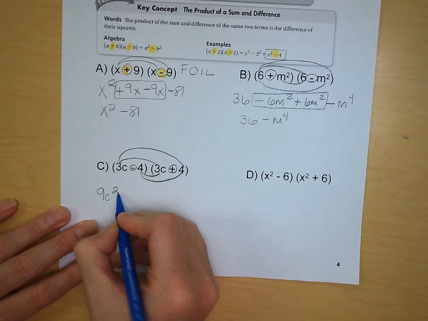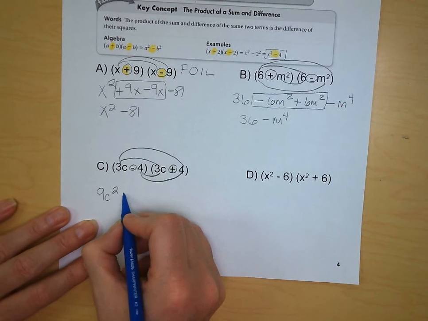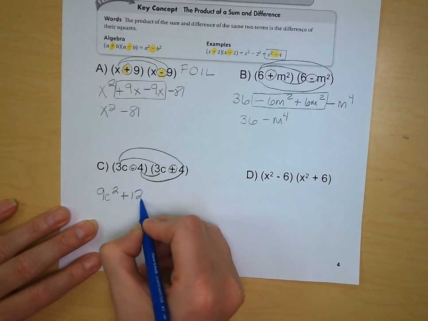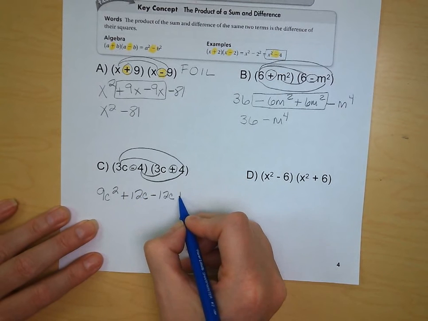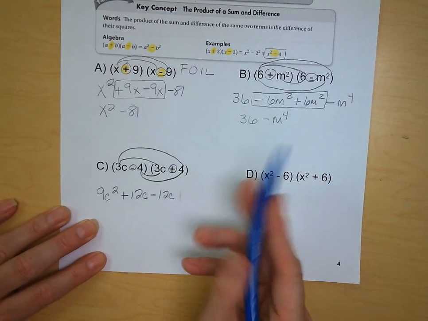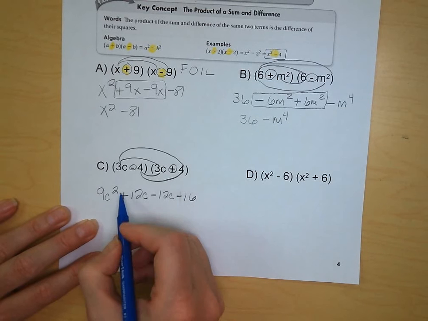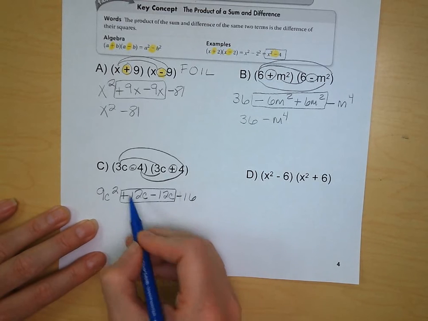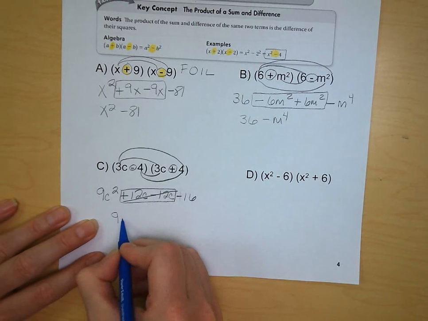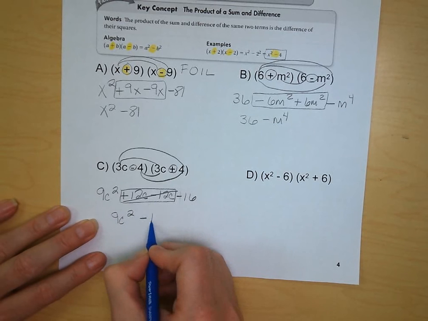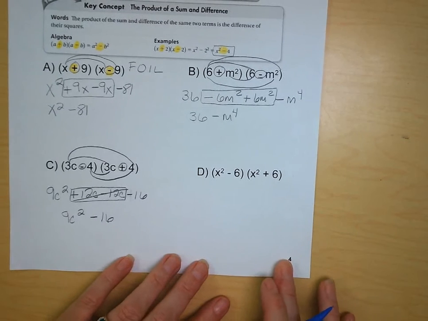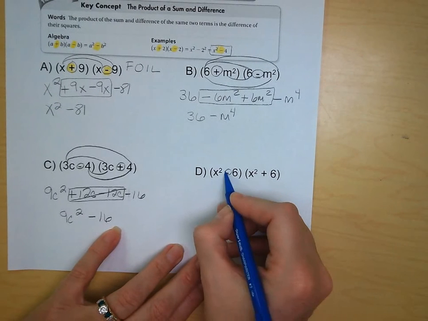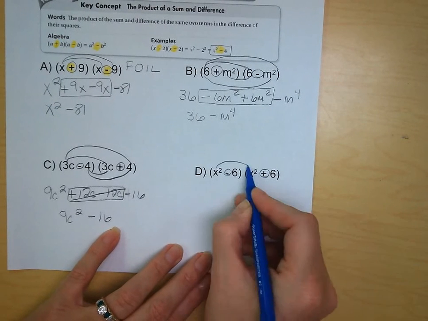So we have 9c squared plus 12c minus 12c minus 16. Combine like terms, we're left with 9c squared minus 16. All right, our last example, x squared minus 6 times x squared plus 6.